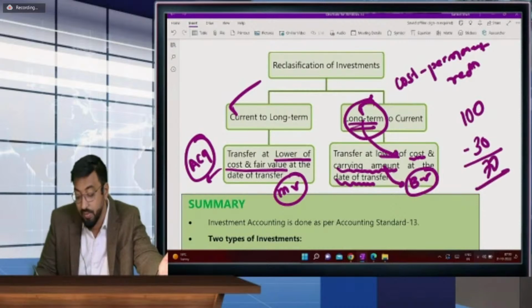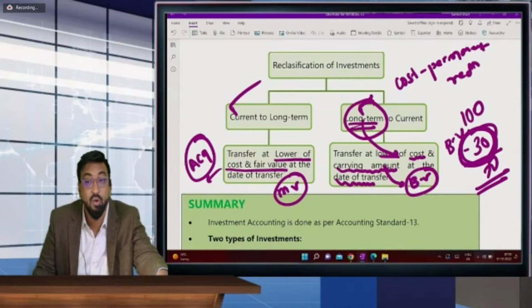So 70 rupees is the permanent reduction, and 30 rupees is the book value. Fair value means market value. Book value means carrying amount, and cost is 100 in this case. So in simple language, cost minus permanent reduction is a valuation of long term.